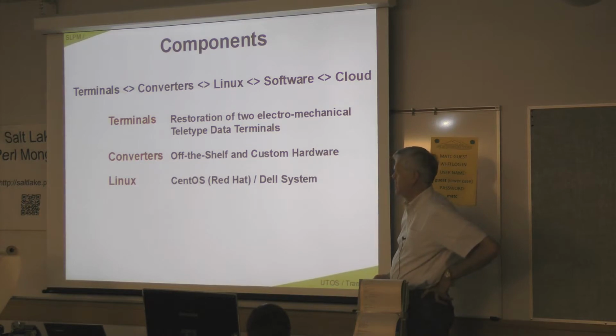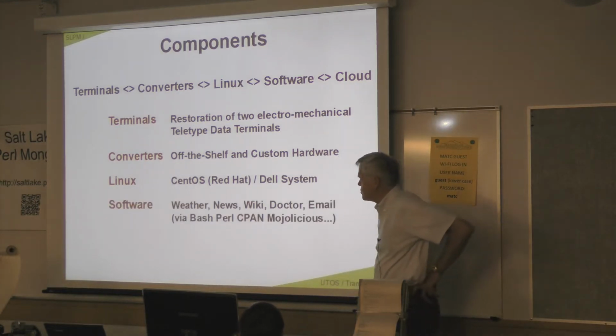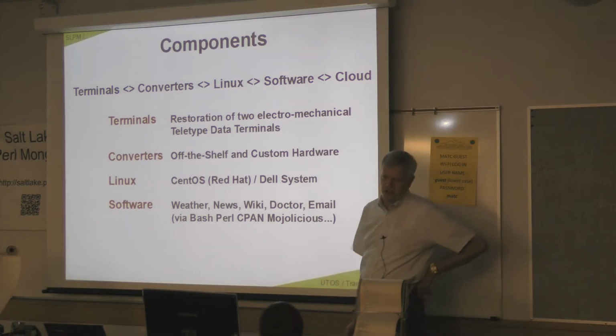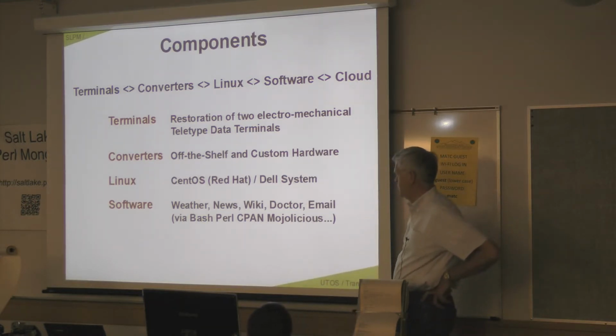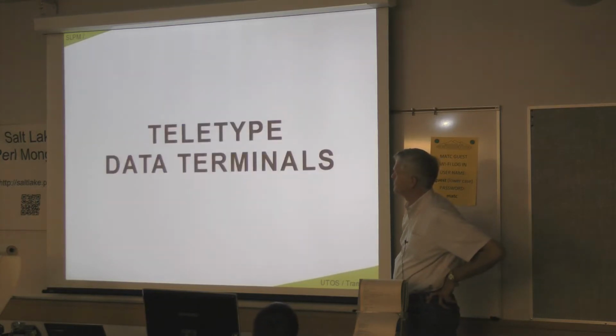Linux was standard CentOS, which is like Red Hat, and we're using a basic Dell system. And for software, we did various programs and a lot of off-the-shelf stuff, such as Bash, Perl, CPAN, Modulicious. And then at the end, there will be a demonstration talking to the internet.